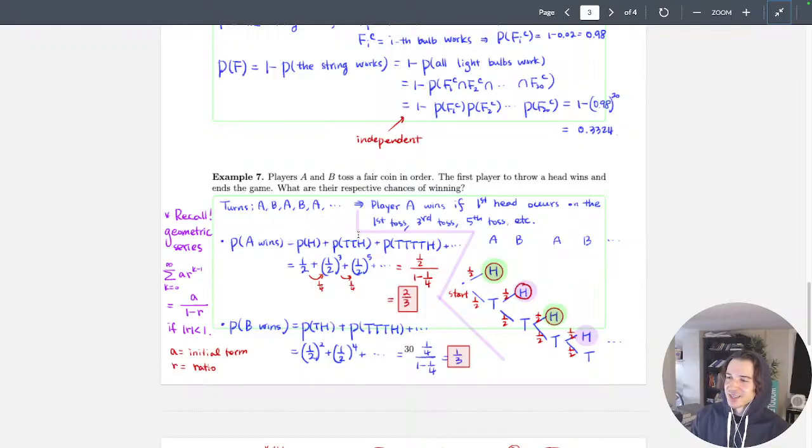The sum to infinity of a r^(k-1) equals a over 1 minus r if the absolute value of r is less than 1. Who doesn't know that off the top of their head? The probability that B wins equals P(TH), which is 1/2 squared, plus P(TTTH), which is 1/2 to the fourth. So you just see this series and you use the geometric series rule, and now you've got your answer.